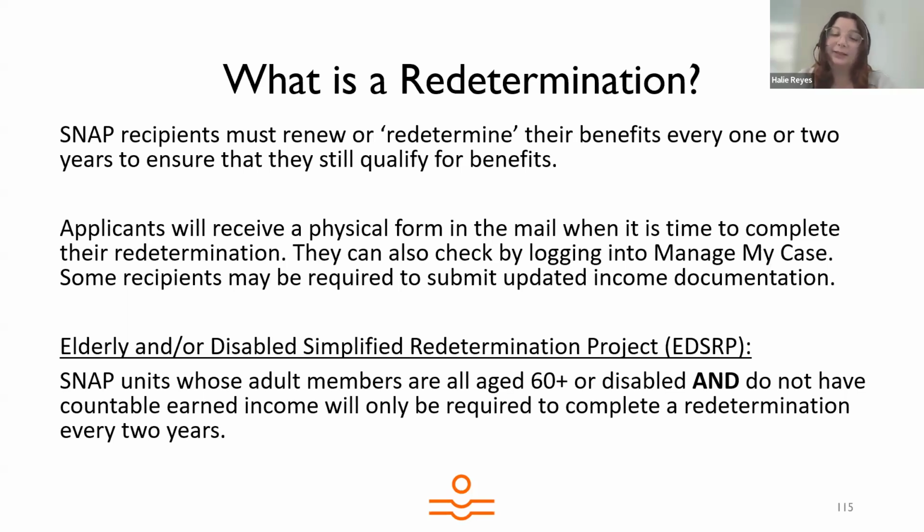That'll pop up about 60 days before the redetermination is due. For people who are 60 or older or disabled, and they're the only persons in the SNAP unit, them or a partner, they can wait 2 years to redetermine. So they get a longer period if they are on a fixed income.